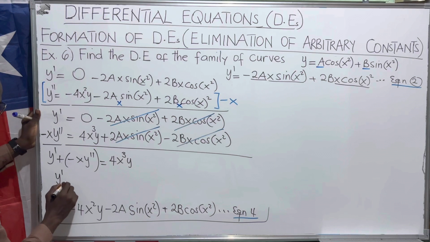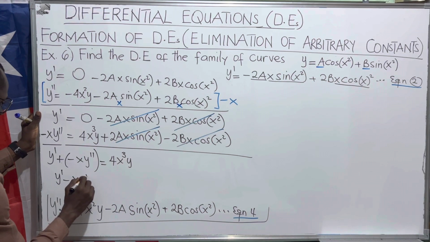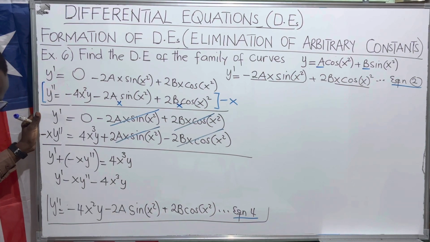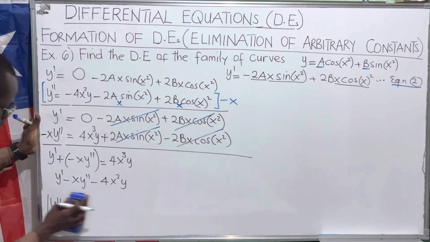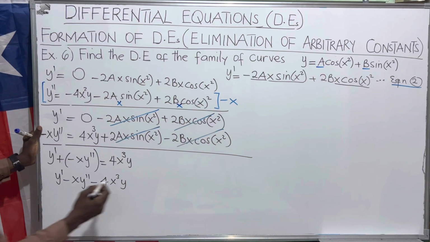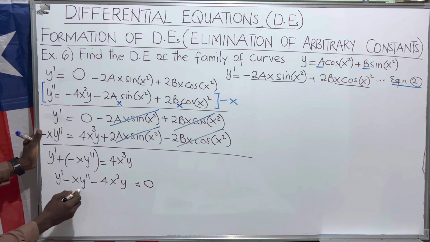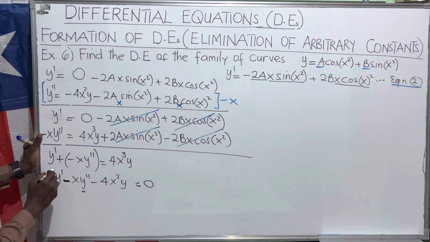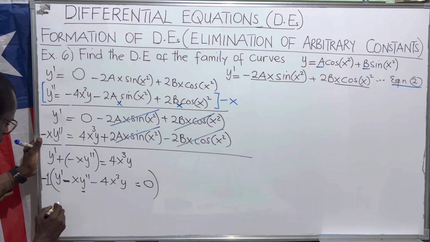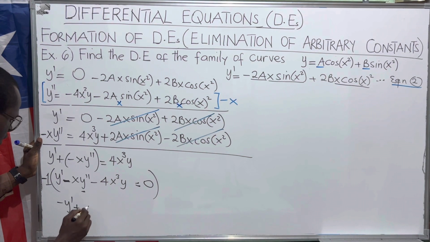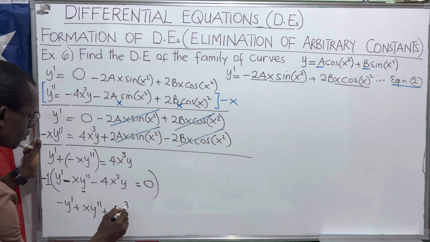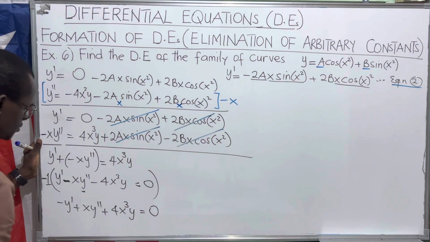We can send everything to one side of the equation. You have y prime minus x y prime prime minus 4x cubed y. Since we want y prime prime to be the first term but it has a negative sign, we can multiply the whole thing by minus 1. So you will have minus y prime plus x y prime prime plus 4x cubed y equals 0.